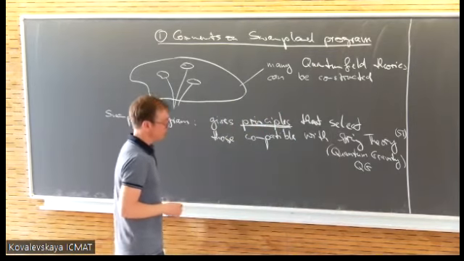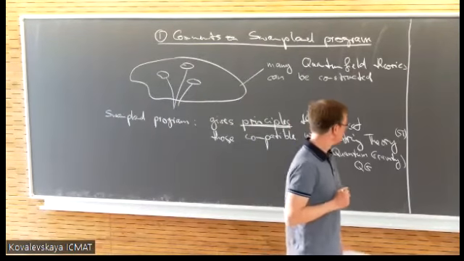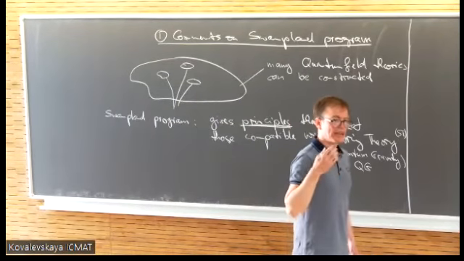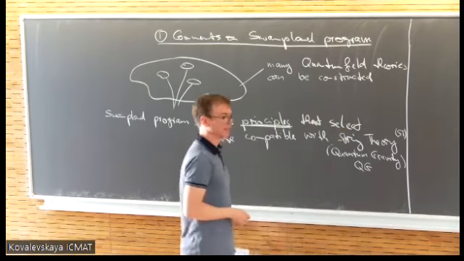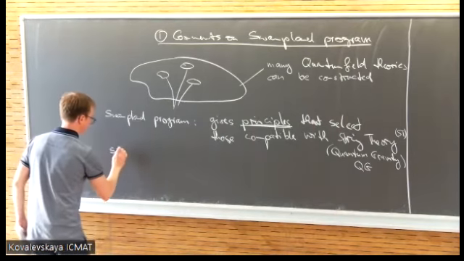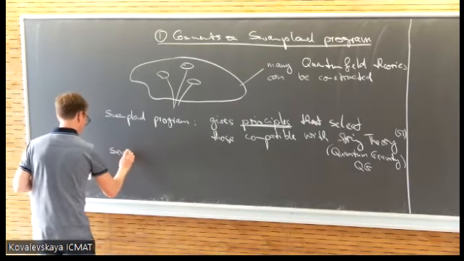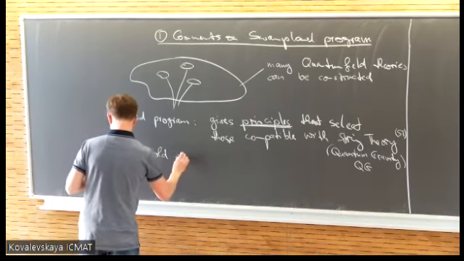So therefore, we do something very scientific. We don't say that we have found these principles, but we formulate these principles as conjectures. So this led to several bold conjectures.